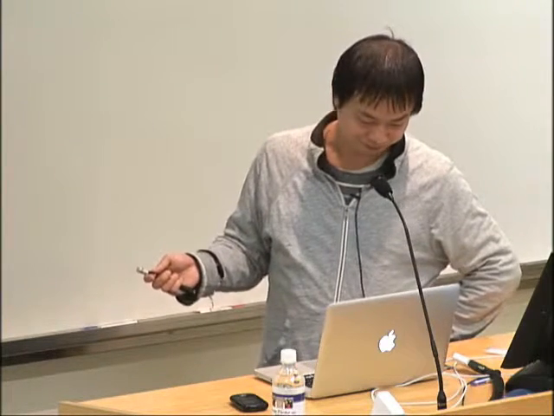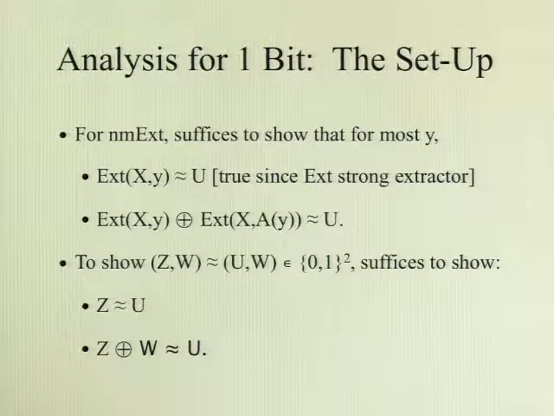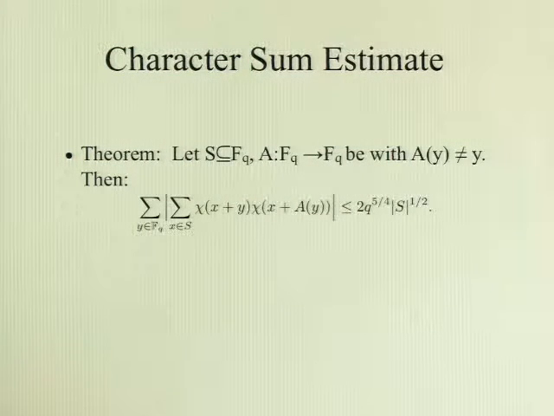And the weak random source, you can think of it just as a uniform distribution over this set S. And this A is just the adversary function from F_q to F_q. So when you have y, the adversary changes it to some A(y) here. So basically, to show this thing, it suffices to show that this bound holds.